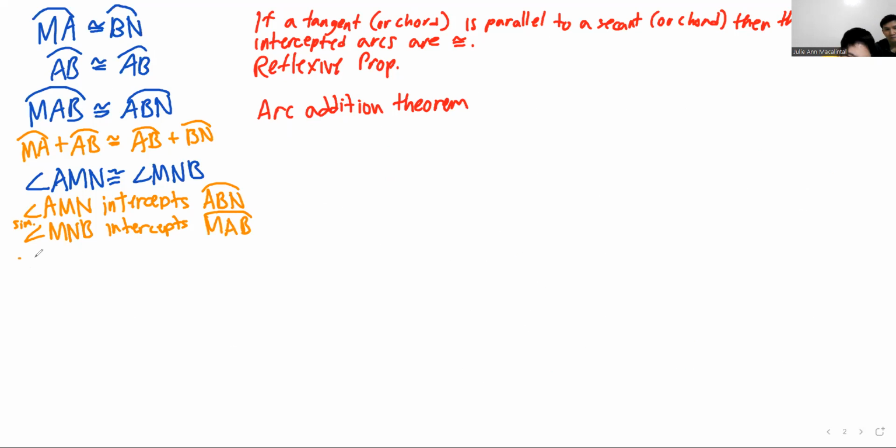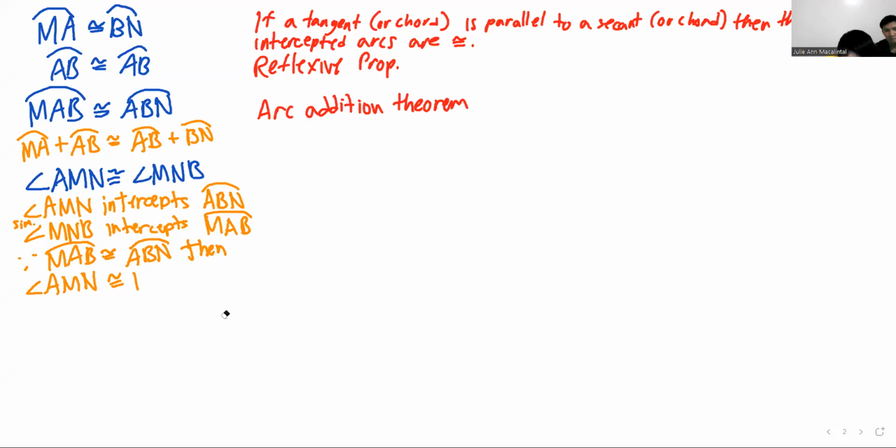And since MAB is congruent to ABN, actually, it doesn't have to be intercepting the same arc.